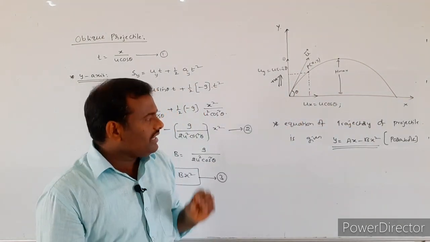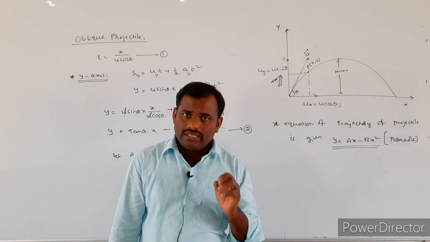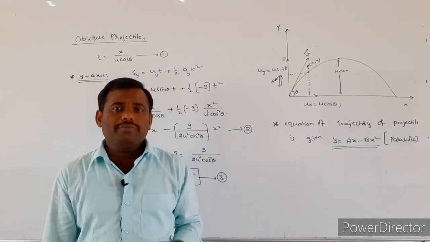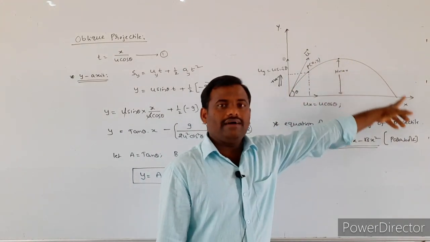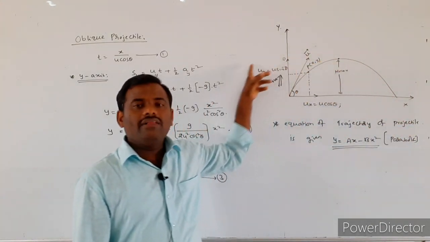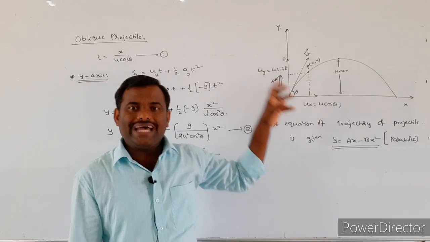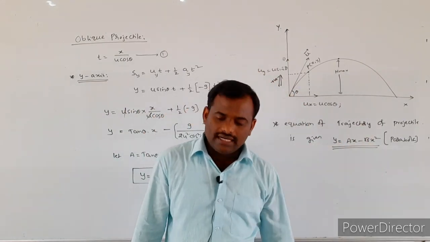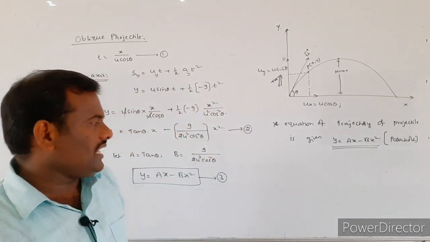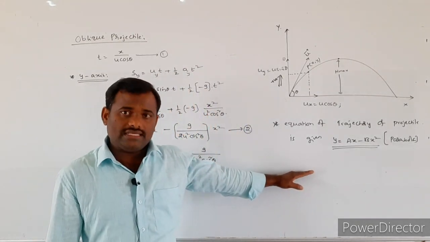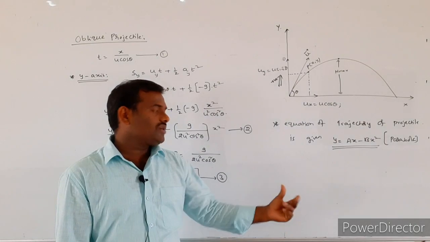That is, if any body is projected into the air, that body's trajectory will be in the form of a parabola. So this is the trajectory equation for a projectile. Okay, this is the 5 marks question.